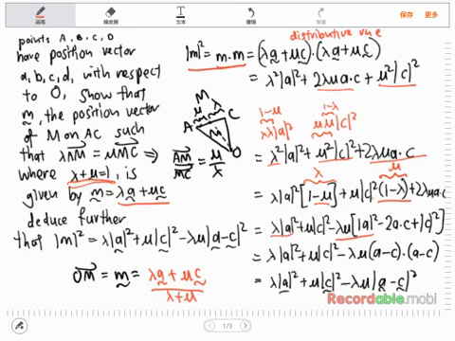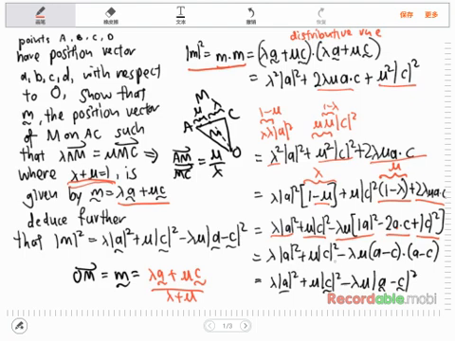Then I have mu mod c square times 1, which is here, and multiply by mu minus lambda mu mod c square. Minus lambda mu mod c square is here, right? And then I have the 2 lambda mu a dot c. Minus minus becomes positive, 2 lambda mu a dot c. So I have it here. So all terms accounted for, I move on.